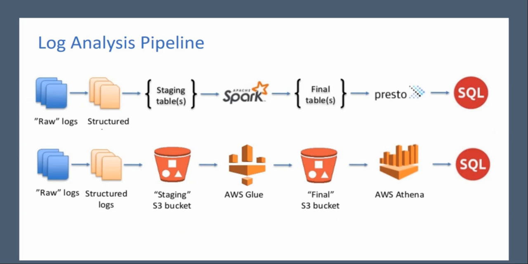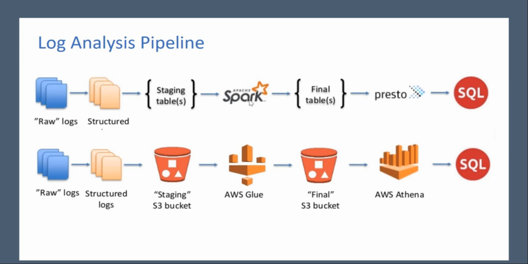And log analysis pipeline. This is one of the most common use cases, I would say, for using Athena. Architecture-wise, you could have the raw data, then structured data converted through ETL, and then you stage it. This is generally a life cycle for an ELT type of processing, particularly if you're using data warehouse scenarios.